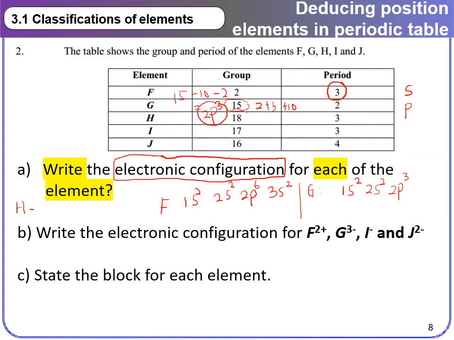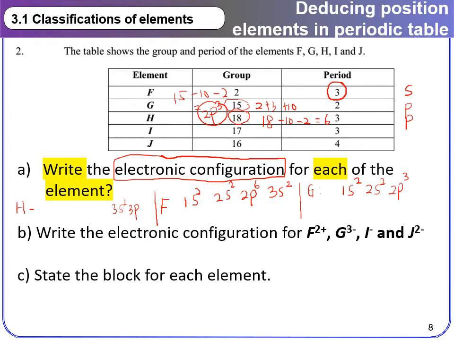Next one is H. Again, group 18 means that it is a p block element. So for this one, it will end up at 3s2, 3p. How many electrons in the p orbital? Like we just mentioned, we use 18 minus 10 minus 2, which is equal to 6.